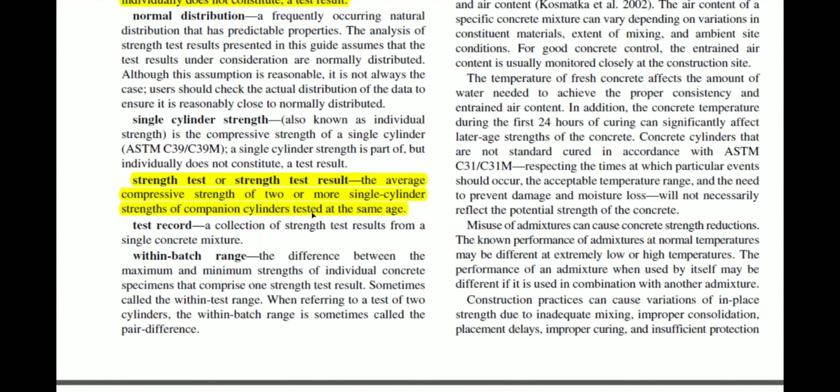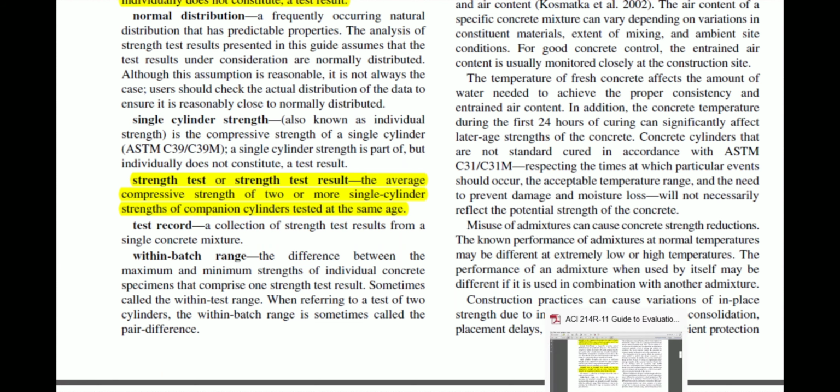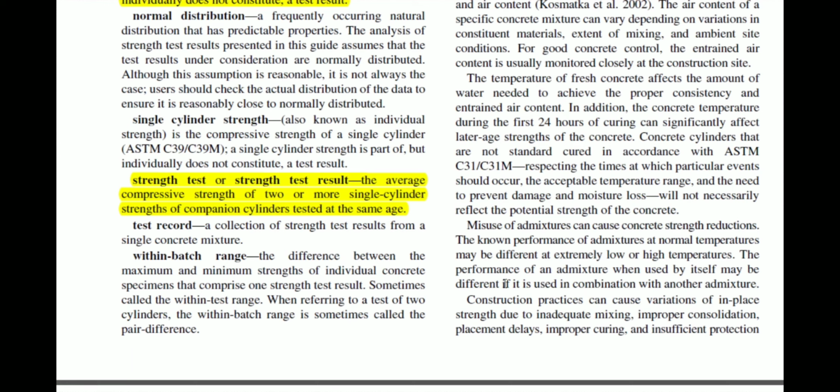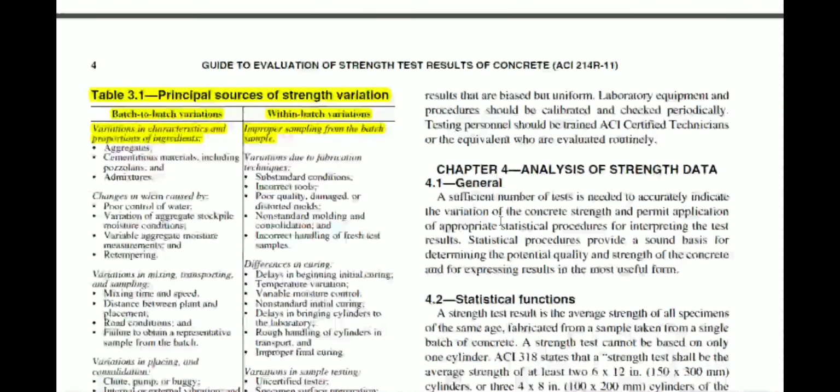Again, as defined, the average of strength of 2 or more single cylinders tested at the same age. By doing an average of these 3, in this example I have 3 specimens, only then can you say you have 1 strength test.